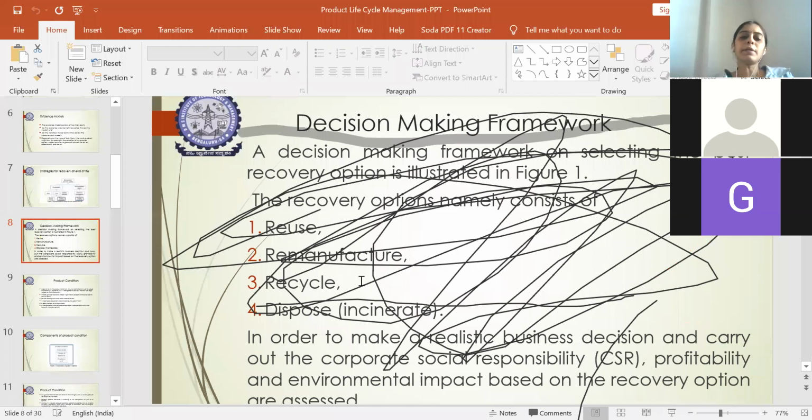That material could be used for recycling and use the same material for some other manufacturing of a part related to the design which has been drafted. And the last option is to dispose of the material, and this happens if it is not eco-friendly. Even though it is profitable, if it is not eco-friendly, then it won't be advised for remanufacturing, recycle, or reuse. It has to be disposed.